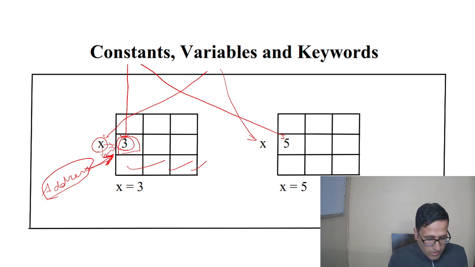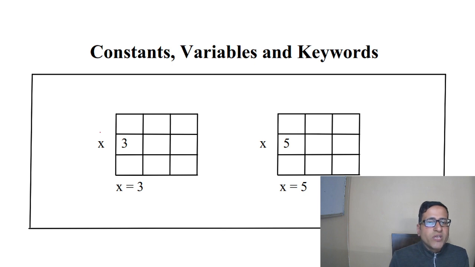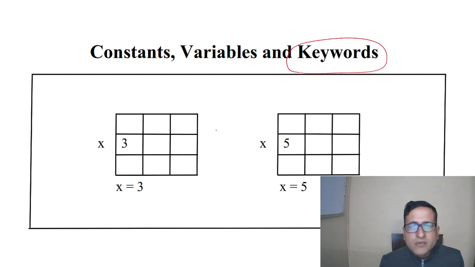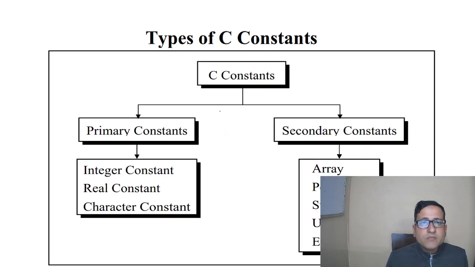So till this stage we should remember that this x can be y, z, any alphabet, and all these are variables, and the constant value is this data value. These keywords we will study in the further slides.